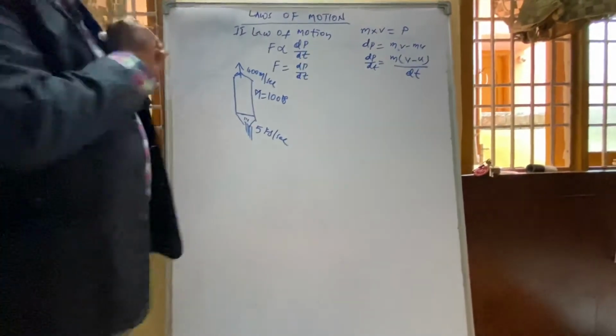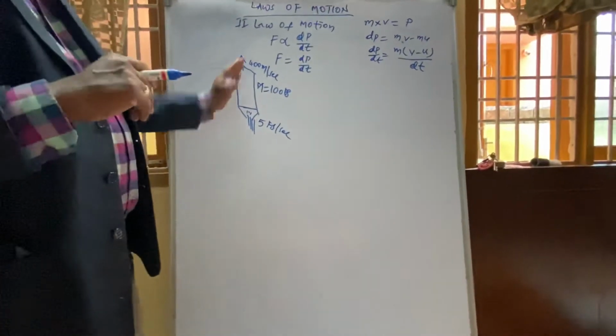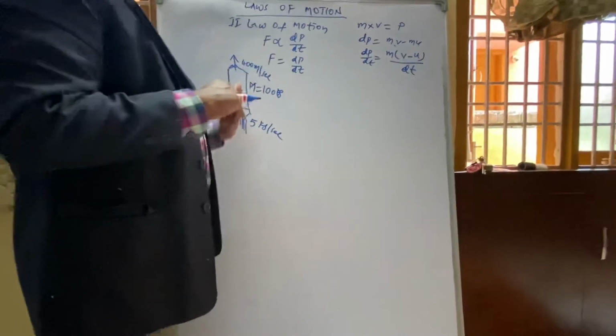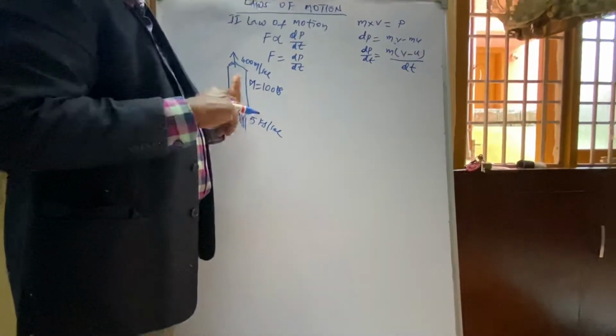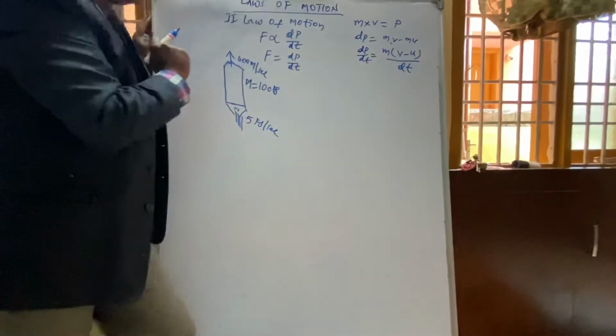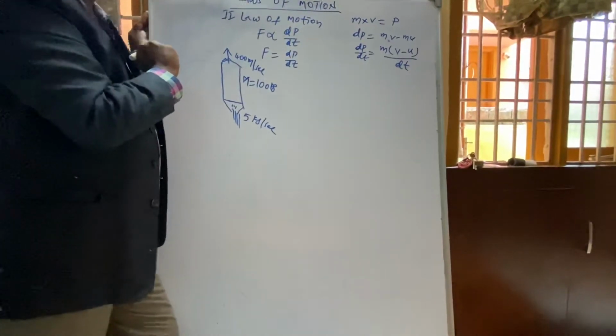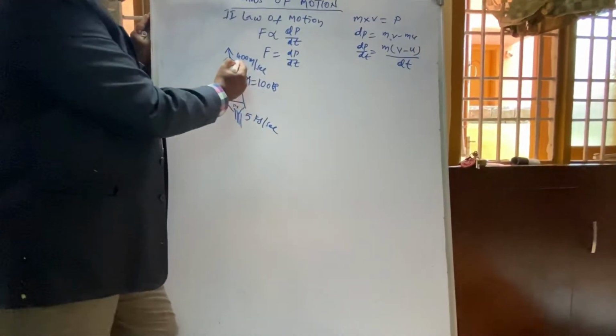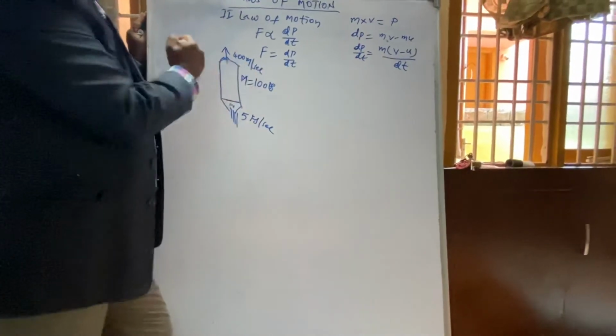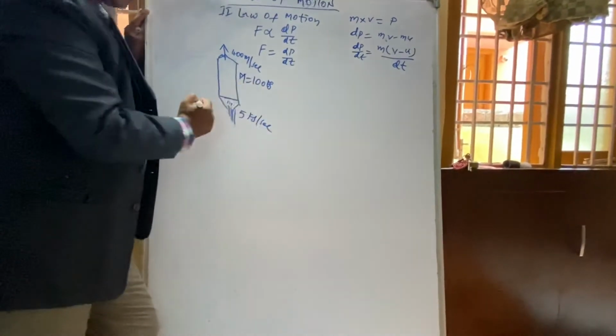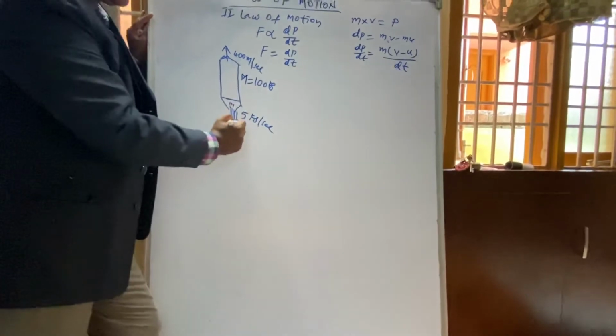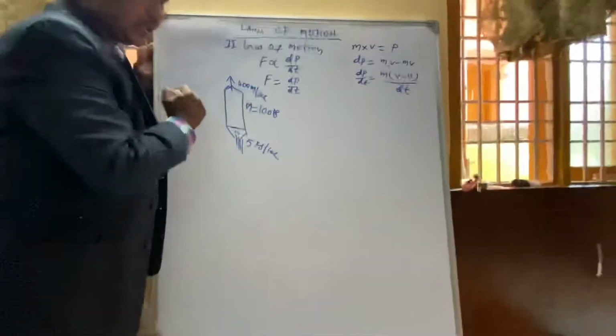Based on the second law of motion, we are calculating the acceleration of the rocket using the fundamental law. What is given? The velocity of the rocket moving upward is 400 meter per second. The mass of the rocket is 100 kg. It is ejecting gases at a rate of 5 kg per second.